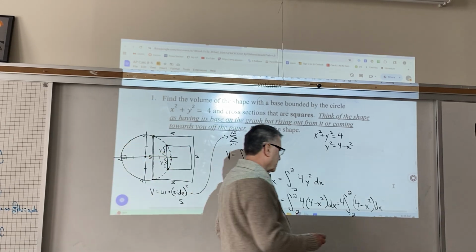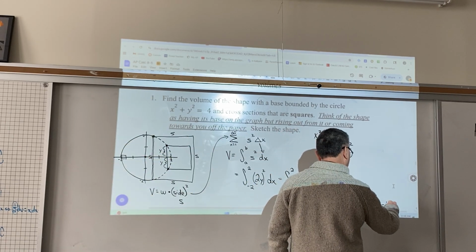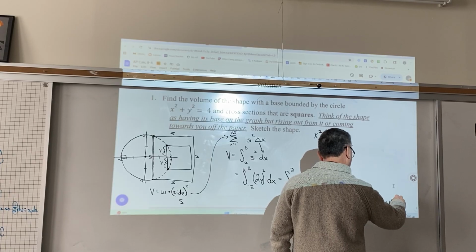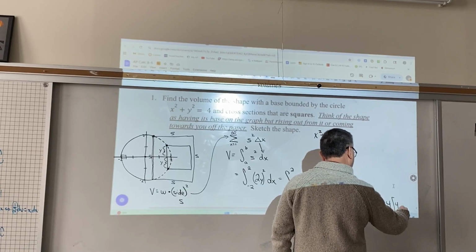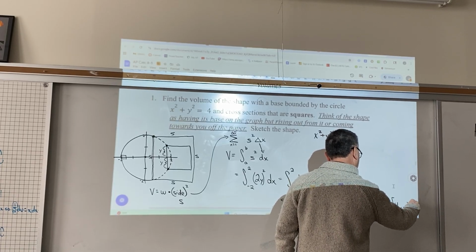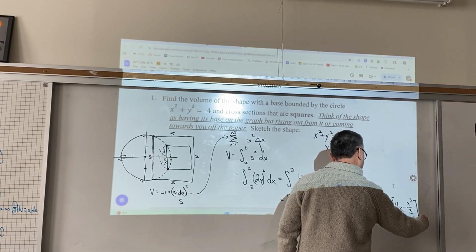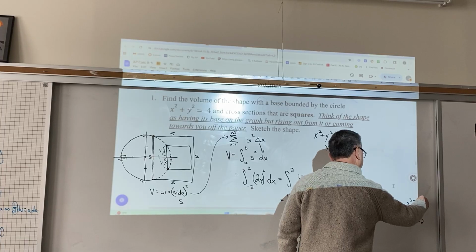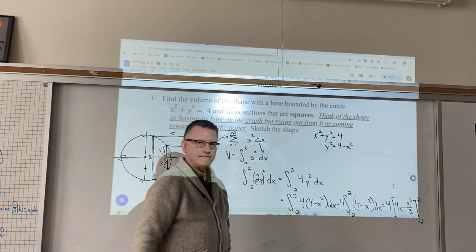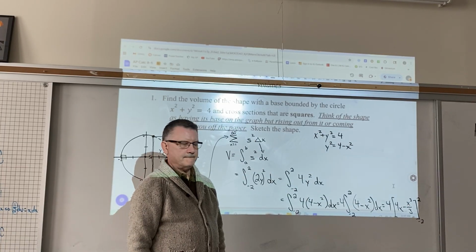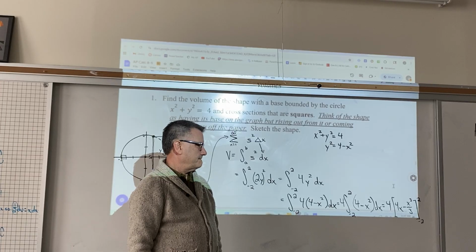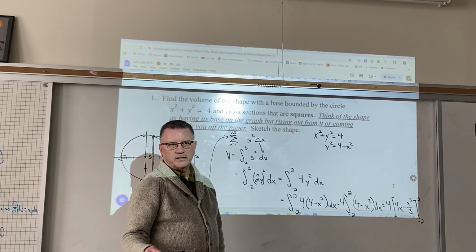Well, that's gonna be what? 4 times (4x minus x cubed over 3), and I want to take that from -2 to 2. I mean, we can plug in the 2, right?